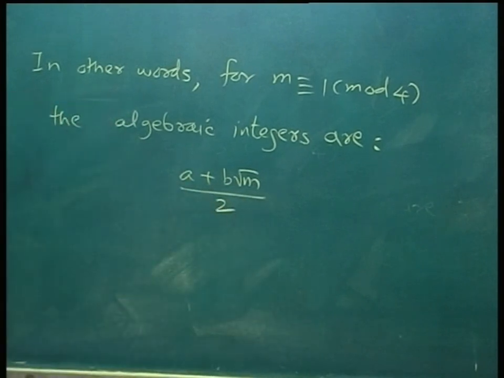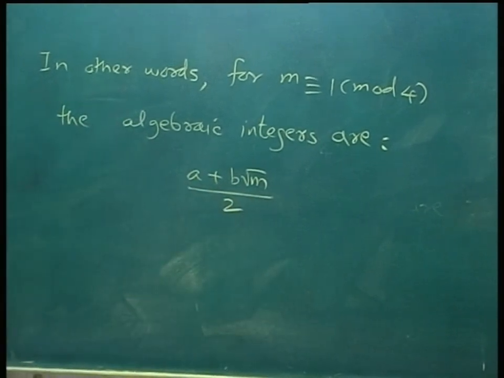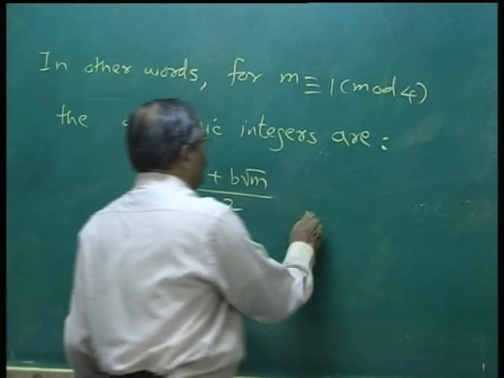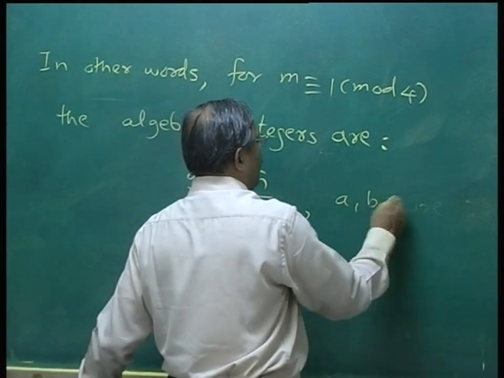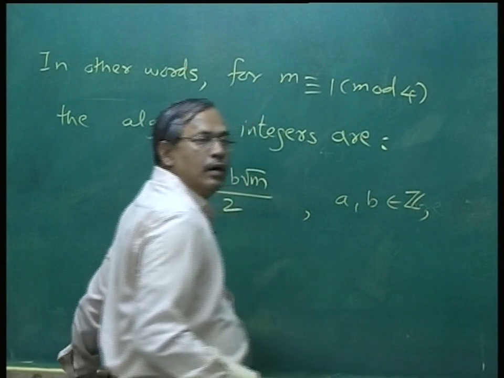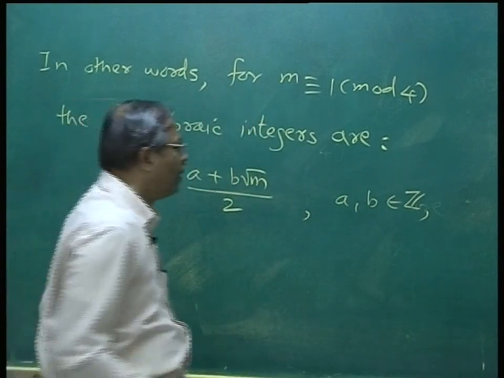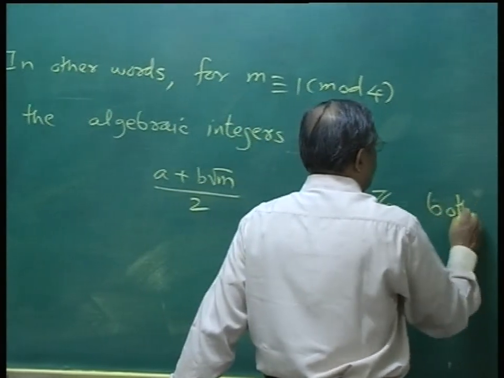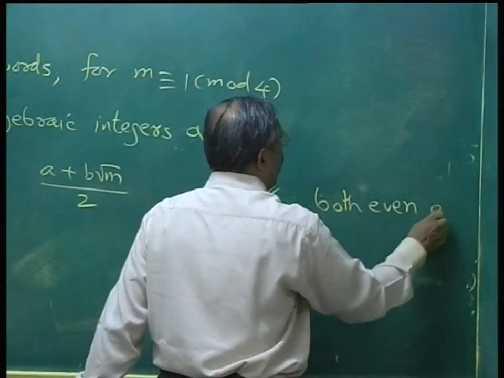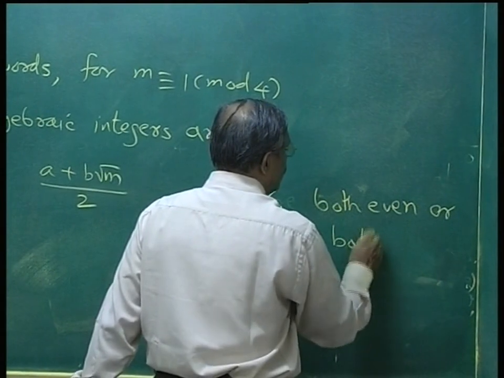Now I am putting 2 as the common denominator, where a, b in Z, in the first case both are even, both even or both odd.